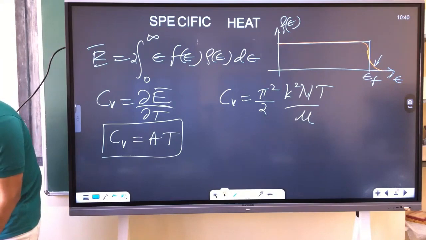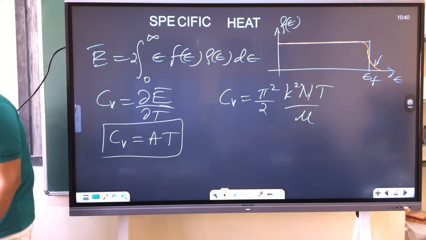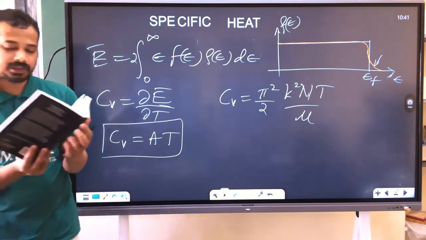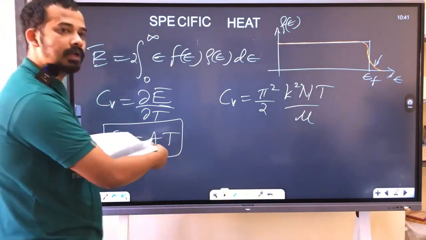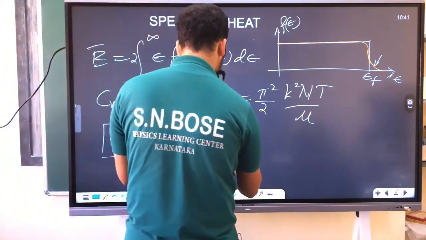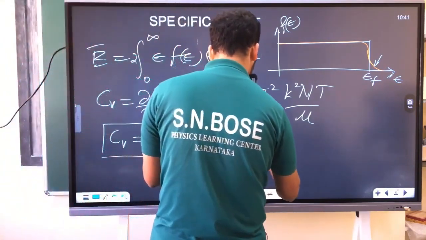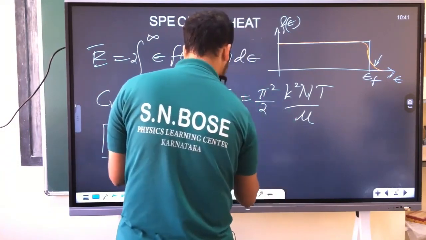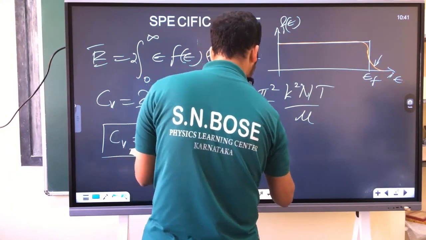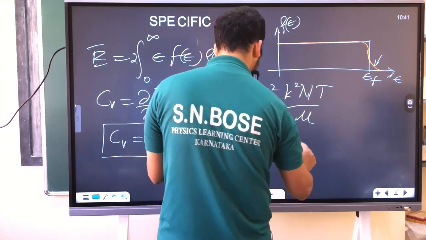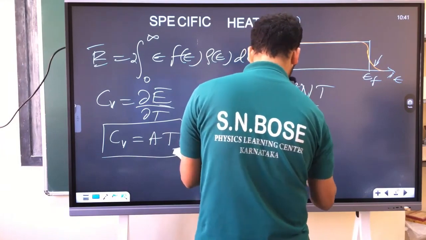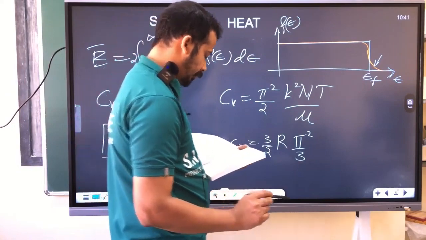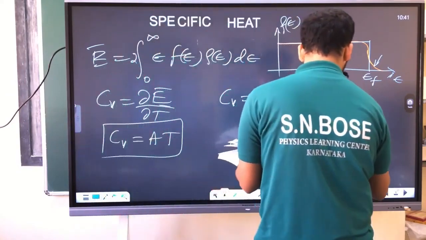Electronic specific heat. He has shown this expression. Okay, molar specific heat. If you write molar specific heat, then what will happen? I think 3/2 R. Molar specific heat is equal to 3/2 R pi square by 3 kBT by mu naught.